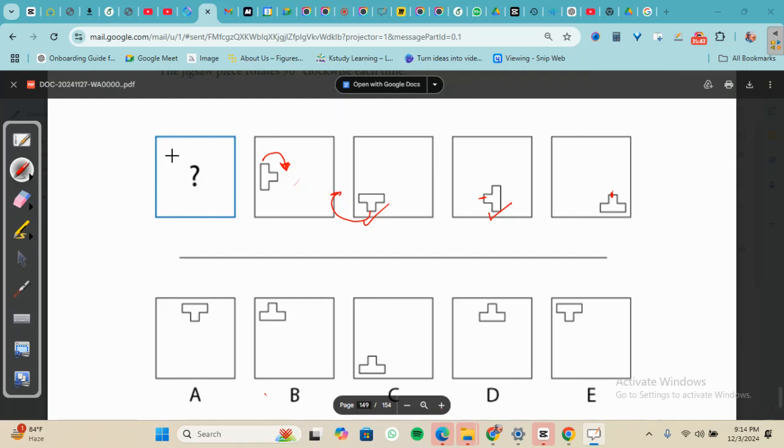If I move this one anti-clockwise, then this particular edge here is meant to face up and to form this shape, and that's why we went for option B. So option B is correct. Is that clear to everyone now? Are we on the same page? Is it clear?